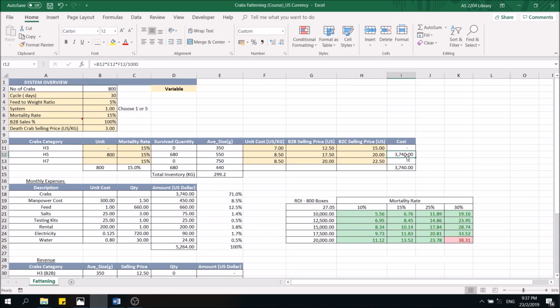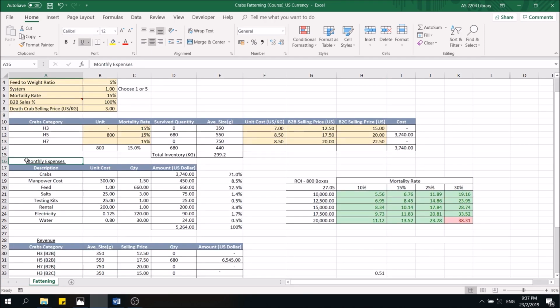It will give you the total cost of buying water crab. Next, we have to calculate the total cost of running a cycle. First of all, we have crabs. This is the number I get from here. Next, we have to consider manpower costs. In Southeast Asia, the labor cost is around $300 per month, and we need around 1.5 people.